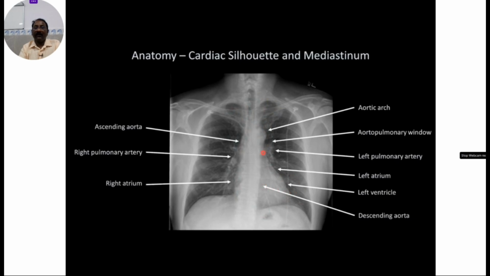This is the descending aorta. The right border is formed by the right atrium. The right ventricle will be here, the most anterior part. This is the right pulmonary artery, and this is the ascending aorta. The ascending aorta, this is the aortic knuckle, and the descending aorta, like this. This is the left pulmonary artery, and this is the right pulmonary artery.